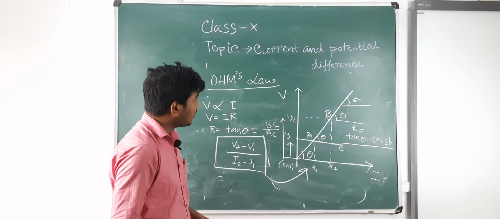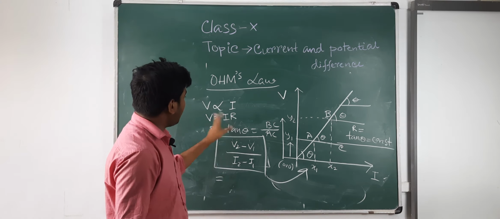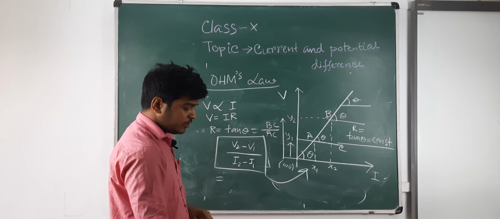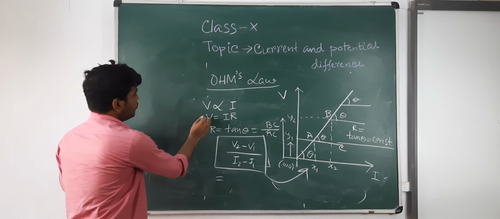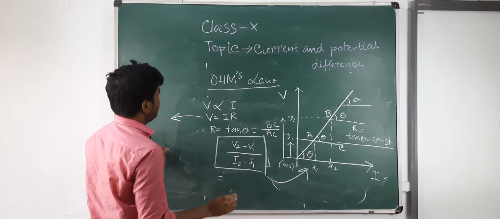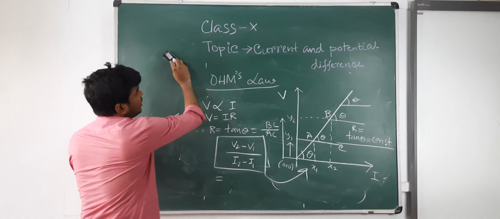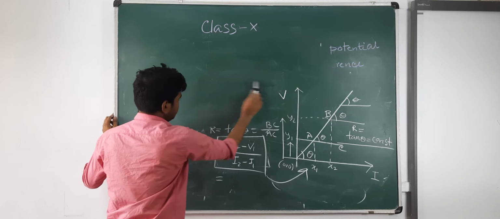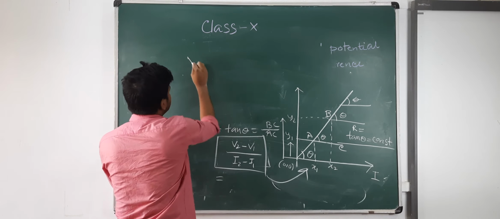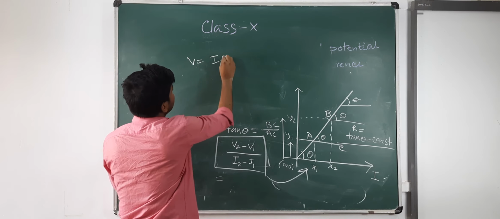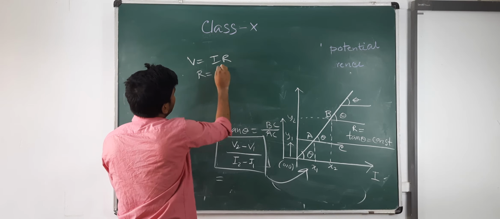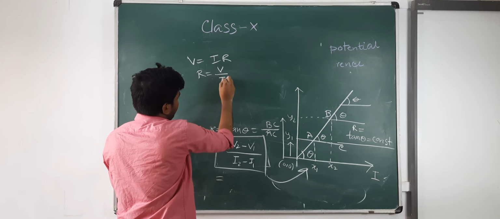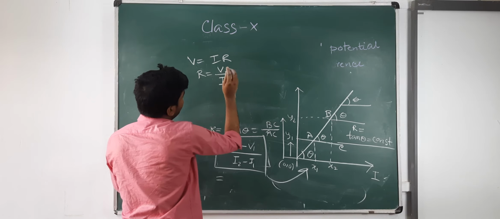So what will be the unit of R? From Ohm's law, V equals IR. So R equals V by I. So what will be the unit of V?